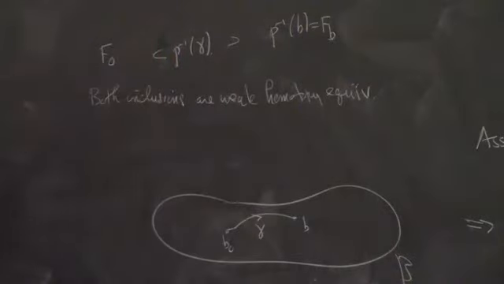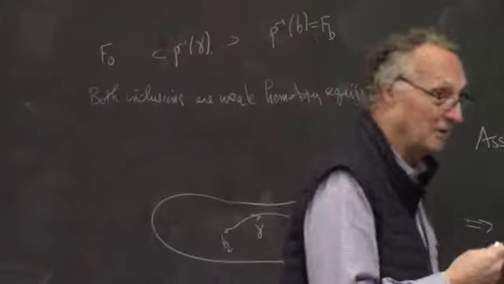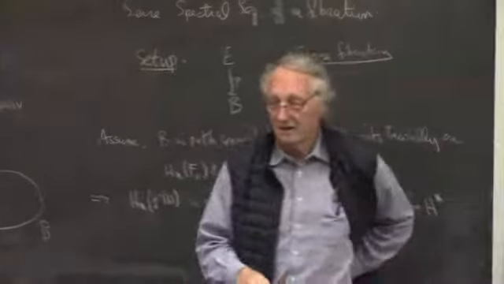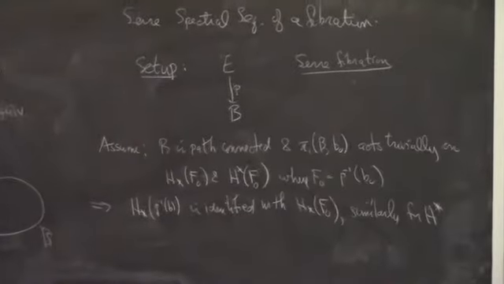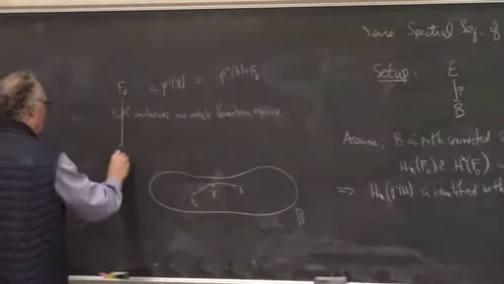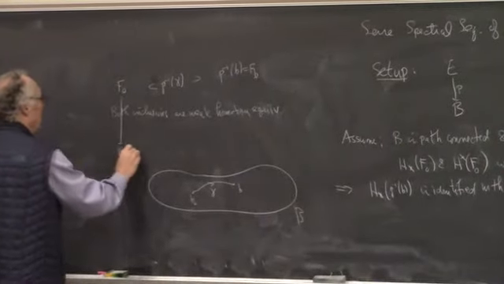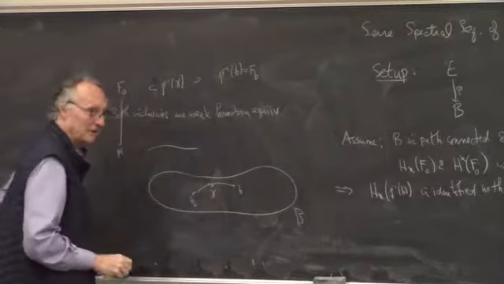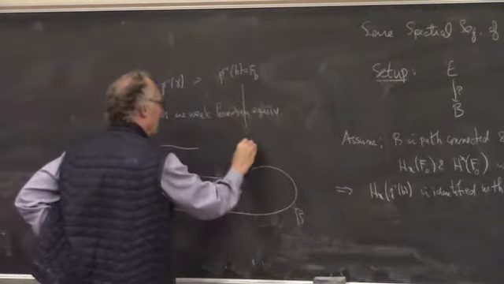And that follows immediately from the homotopy long exact sequence of the Serre fibration. Because this is a Serre fibration over a point, this is a Serre fibration over an interval, and this is a Serre fibration over a point.